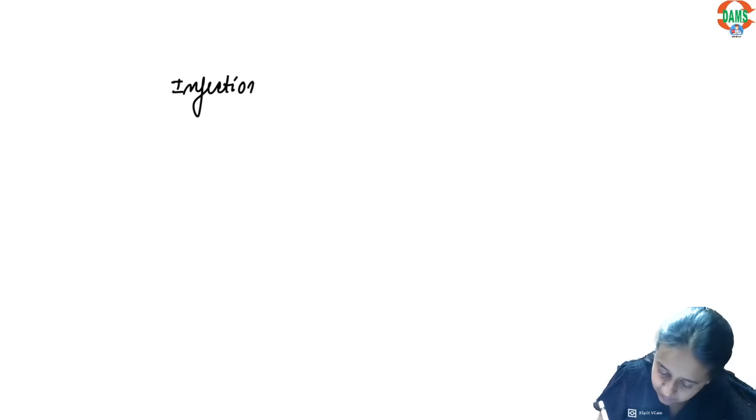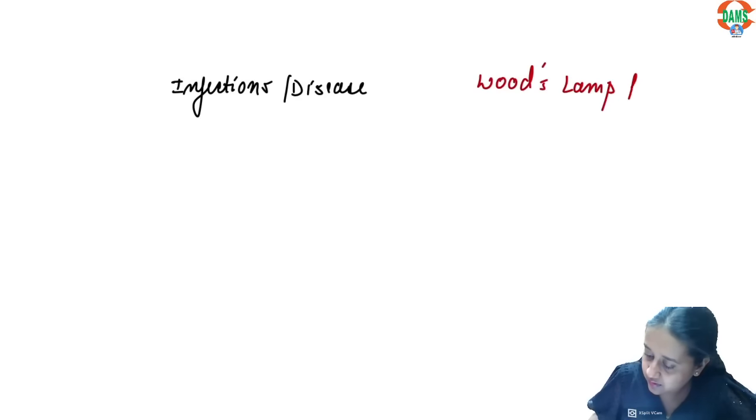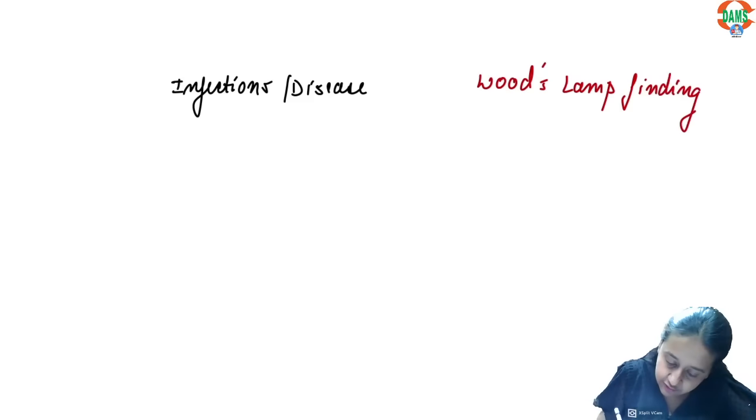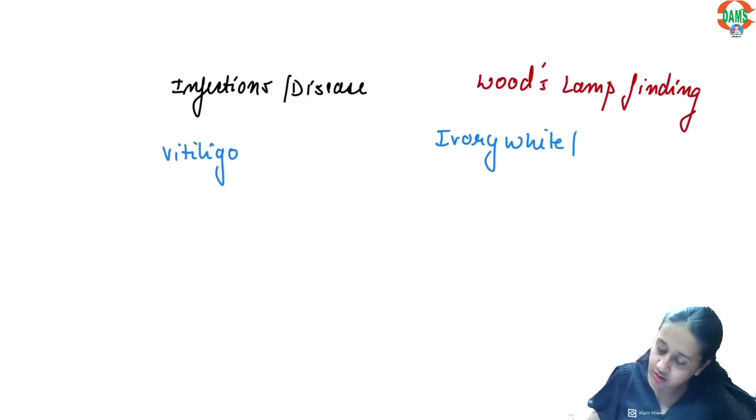So the infections or the diseases, and what is the Woods lamp finding? You should know about that. The disease is vitiligo. You get a very classical ivory white or milky white appearance.